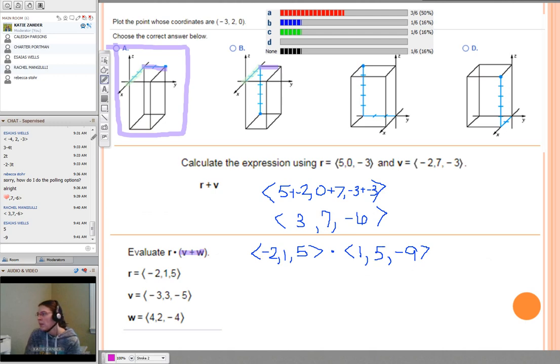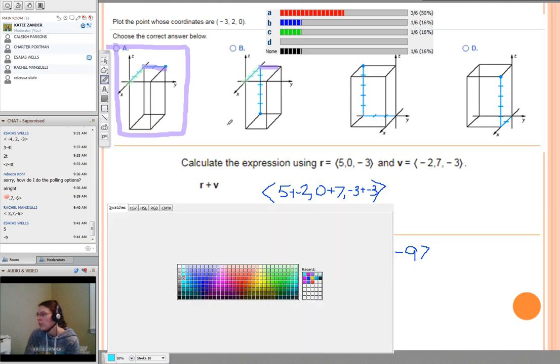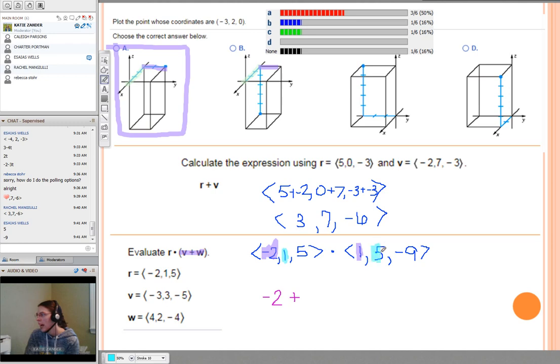All right, so now we have the dot product that we have to do between these two vectors. So remember, the dot product is when we multiply those terms together and then find the sum of all of them. So we'll start with negative 2 times 1. And then we'll do those second components, 1 times 5.